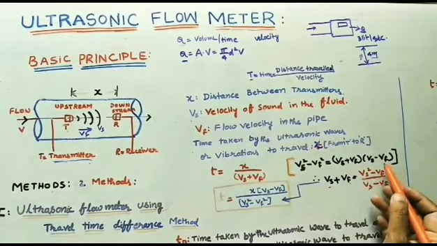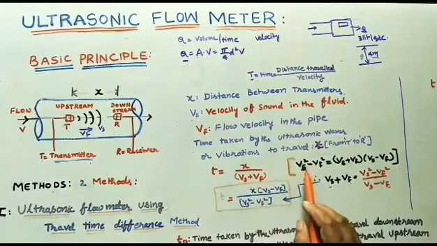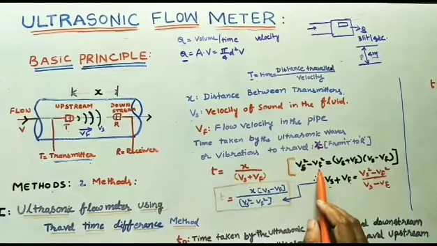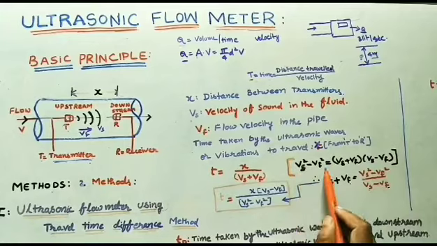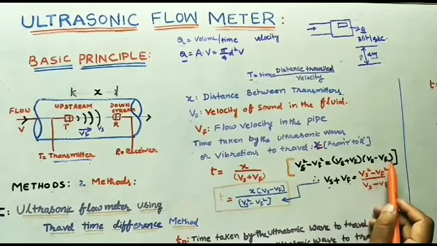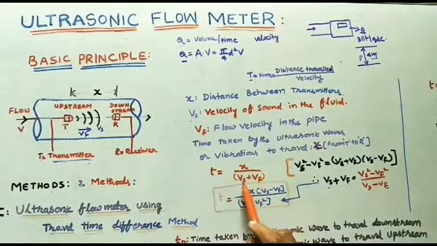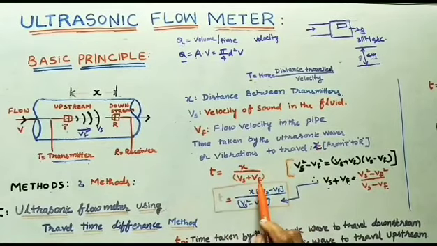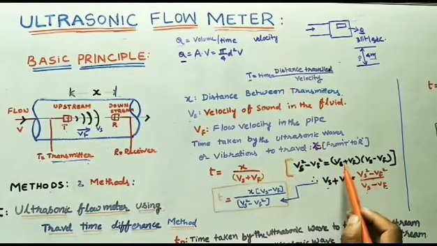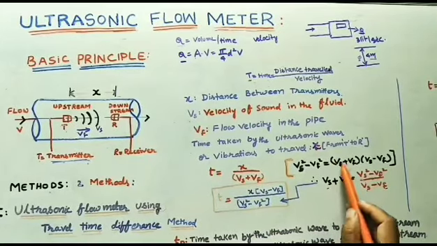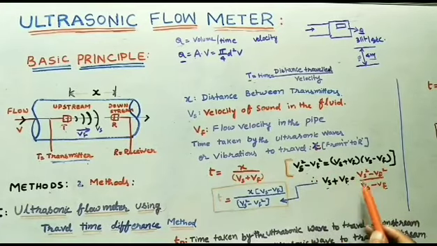So here, what are the velocities? Vs and Vf. Vs square minus Vf square is equal to Vs plus Vf into Vs minus Vf. But in our formula we already have Vs plus Vf, so we keep this value as it is, and this value is divided by this value.